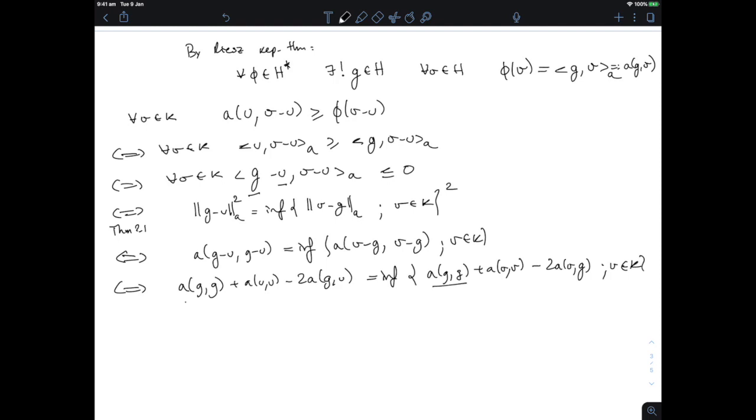Now we have A of GG on both sides. This has nothing to do with what we're taking the infimum over. We can take it out of both sides and we can divide by 2. And so we get 1/2 of A of UU minus A of G, U equal to the infimum of 1/2 of A of VV minus A of VG over all V in K, which is exactly the variational characterization that we were promised.